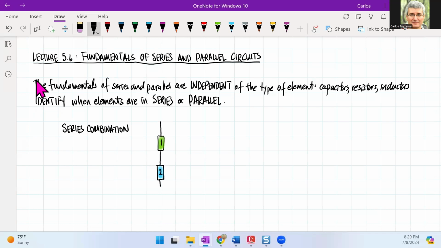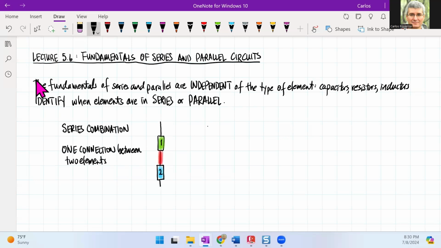So when I say I have a series combination, this is the focus right here. This single wire. And what you see here is that you have one connection between two elements.